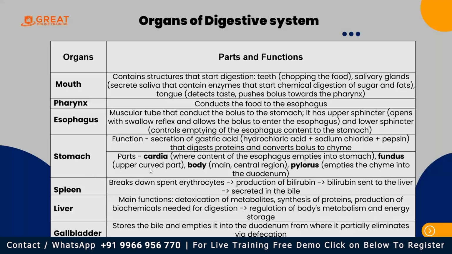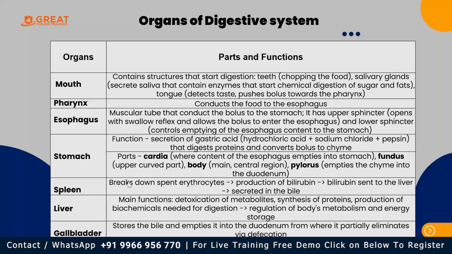The parts of the stomach are the cardia, where the content of the esophagus empties into the stomach; the fundus, which is the upper curved part; the body, which is the main central region; and the pylorus, which empties the chyme into the duodenum. This is also a common question: the parts of the stomach. The stomach has four parts: cardia, fundus, body, and pylorus.